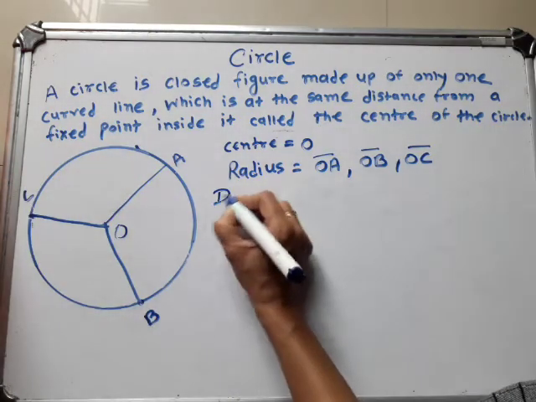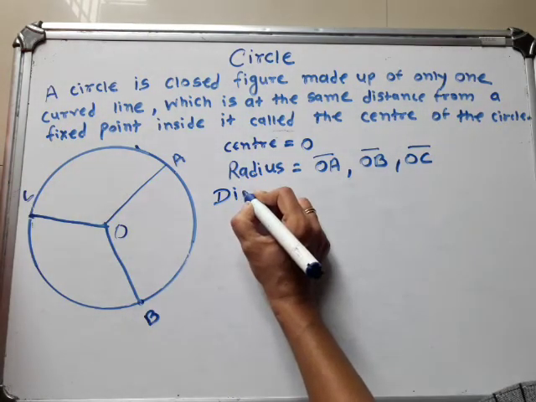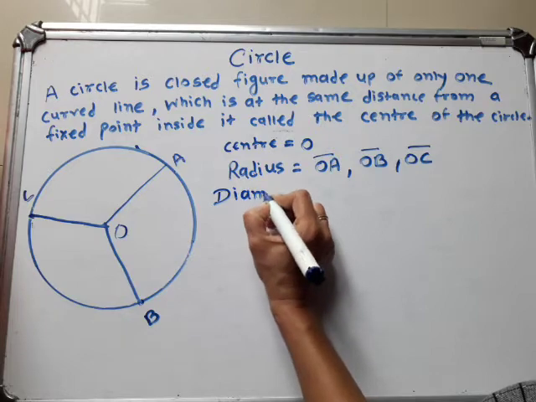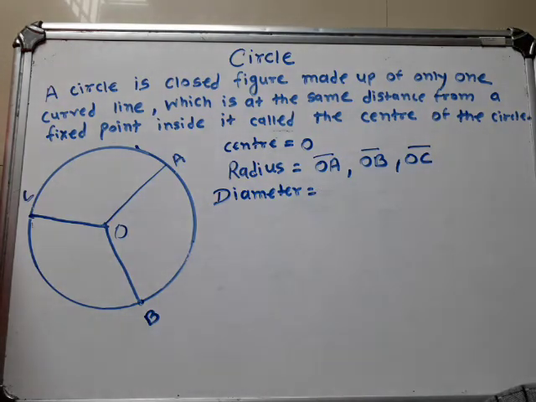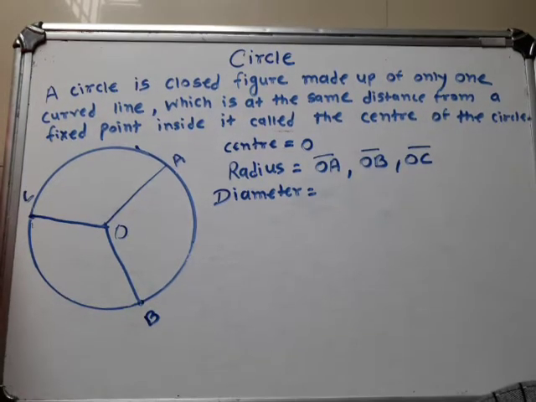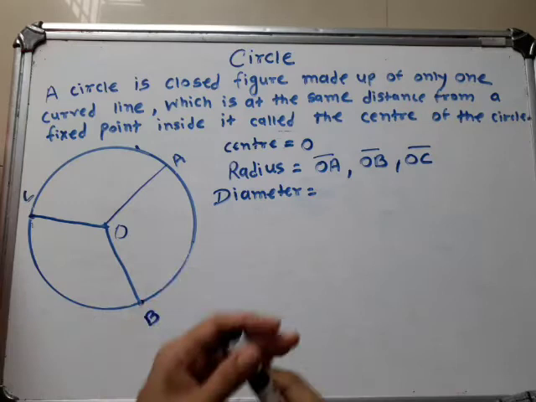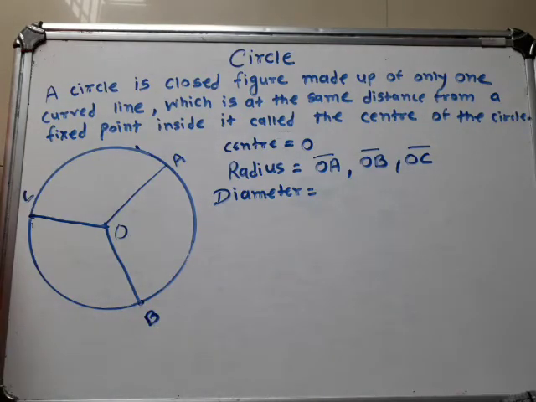Then diameter. You know what is meant by diameter. Diameter is a line segment passing through the center of a circle that has its end points lying on the circumference of the circle. See here, the line passes through the center.